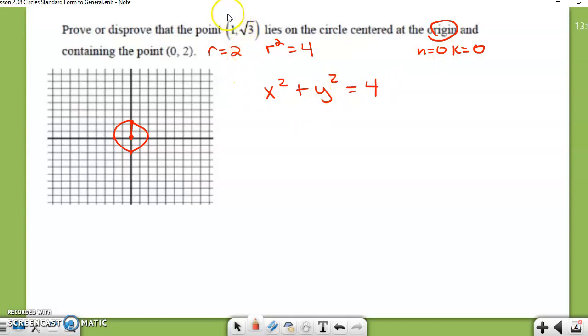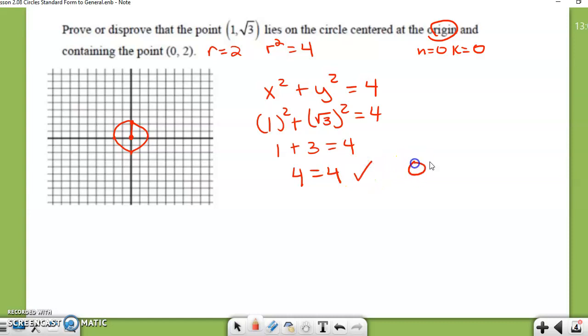And then I can put in these values to test them. 1 squared plus the square root of 3 squared equals 4. 1 plus 3 equals 4. 4 does equal 4. So in this case, it is on the circle.